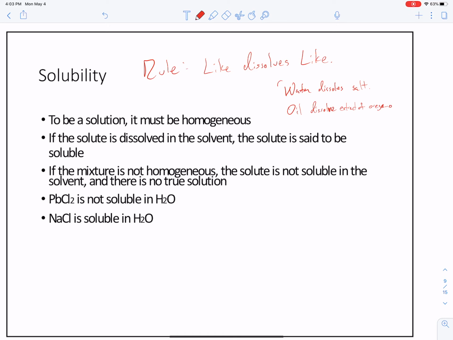When you put these two things together with some other stuff as well, like sugar, what you get is Italian dressing. But only the oil dissolves the extract of oregano.